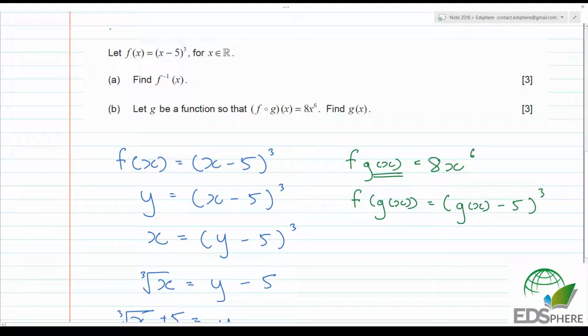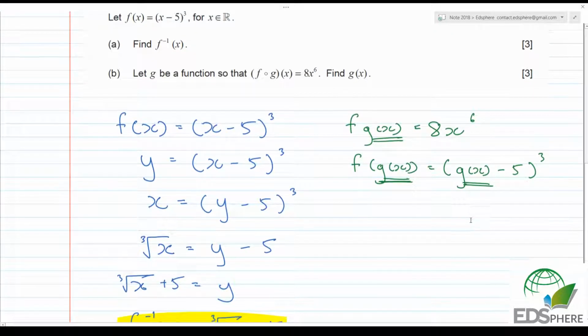Do you see what happened? I'm using the most fundamental and basic stuff I taught you in the composite function lesson, where if my function was g of x, I put g of x as my x. That's it.